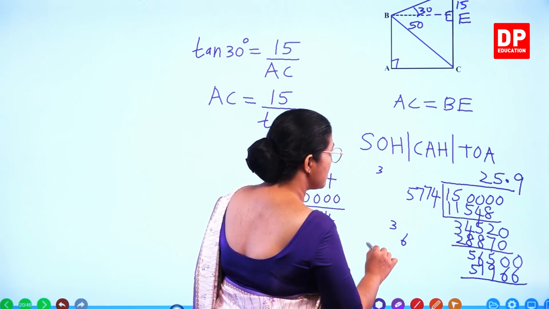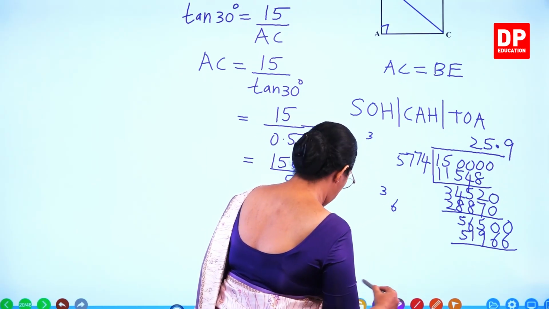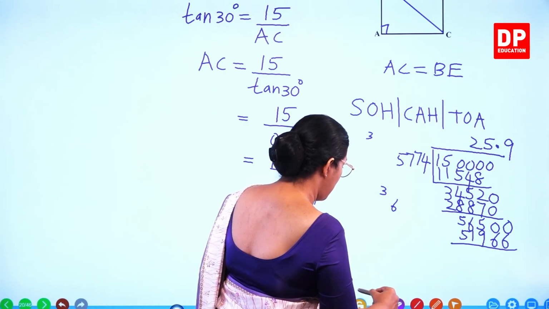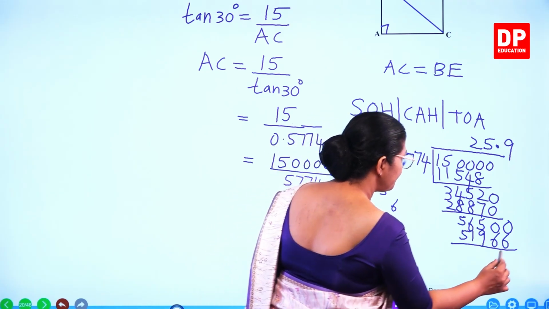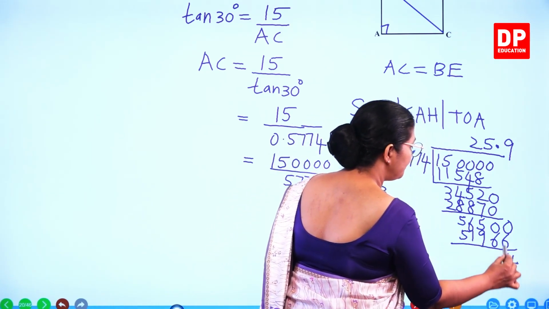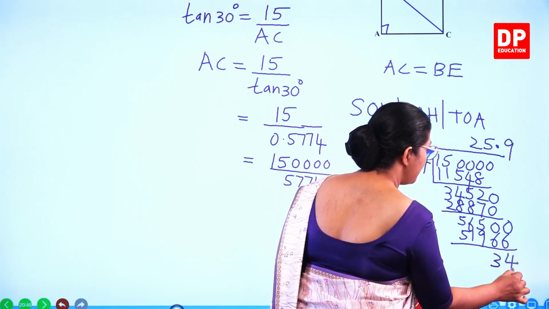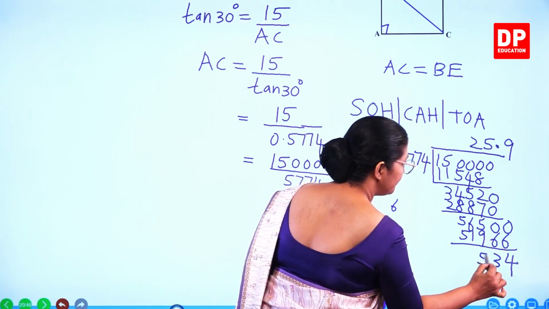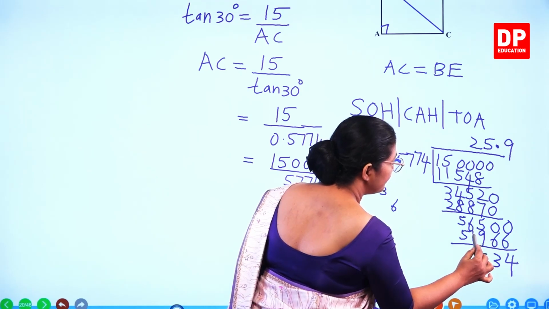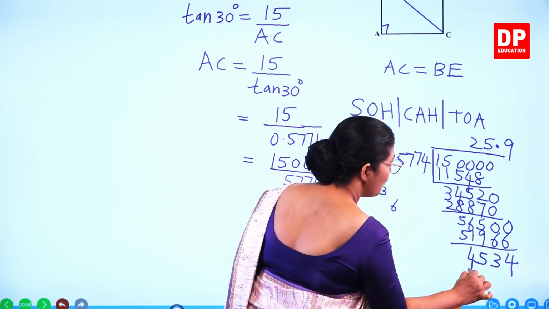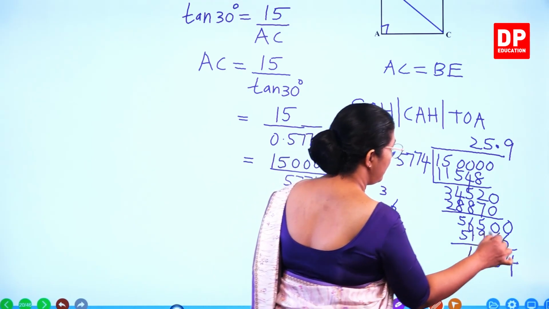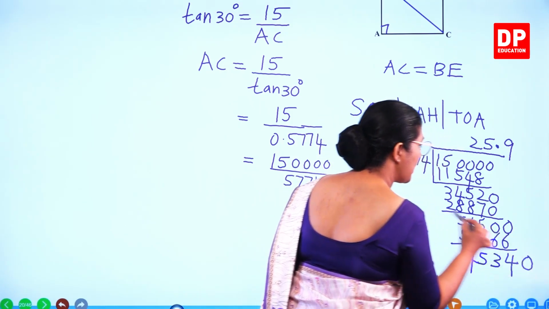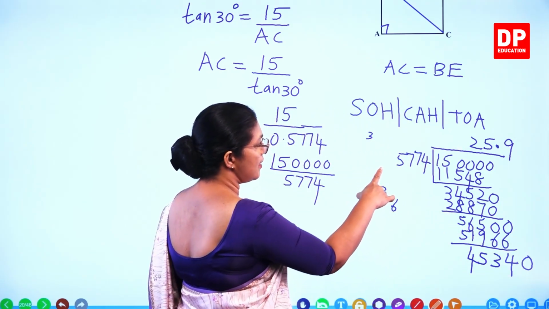Again, you get here, subtract these two. 4, 3, 4. And if you want another decimal place, we can get the other one.